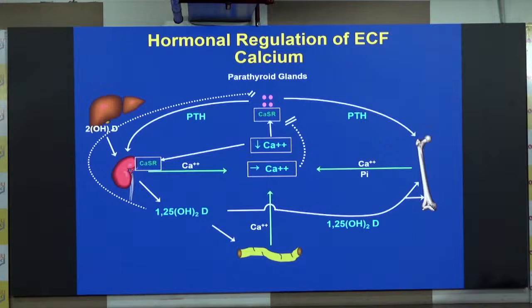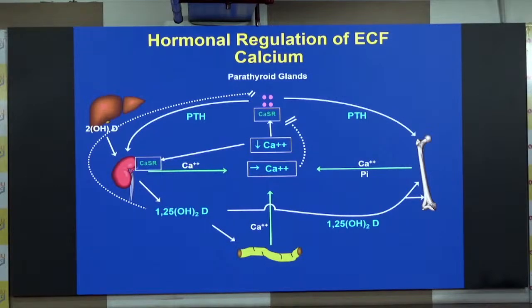So when the blood calcium is reduced, when the serum calcium goes down, there's a signal through the calcium sensing receptor within the parathyroid glands in the neck. And the parathyroid glands will release parathyroid hormone. This will then act on bone to resorb bone, to remove calcium and phosphorus, and to help restore a normal calcium.